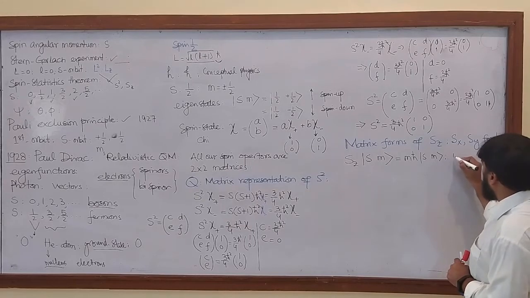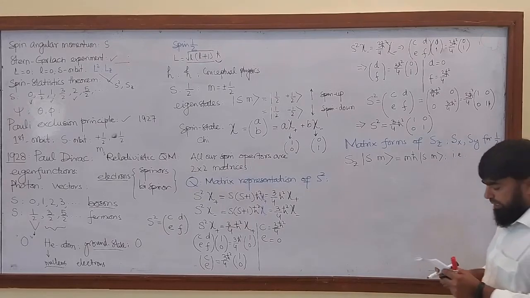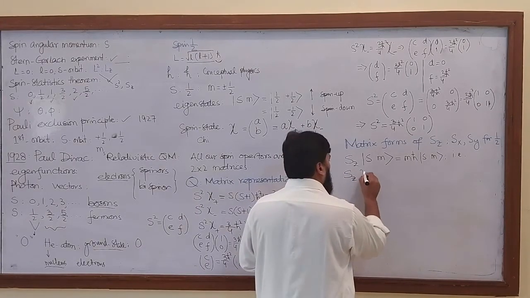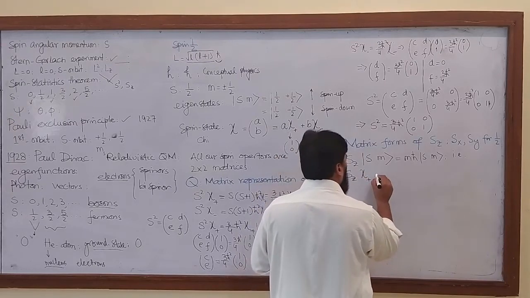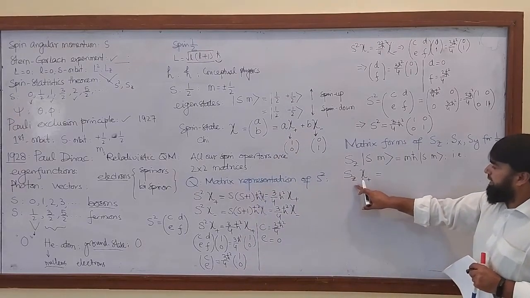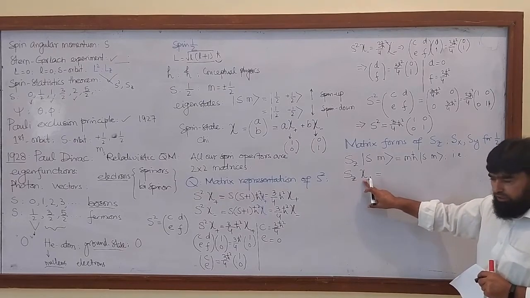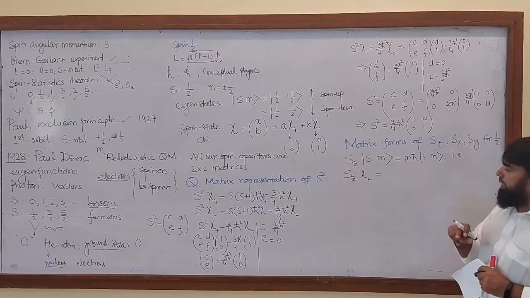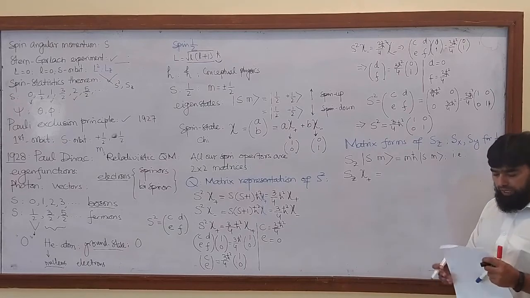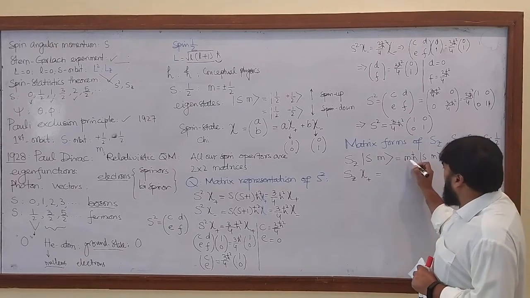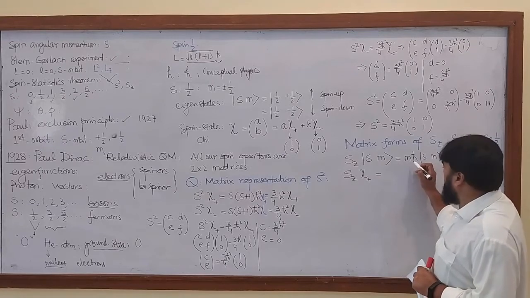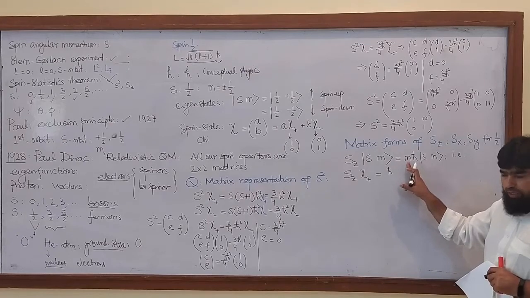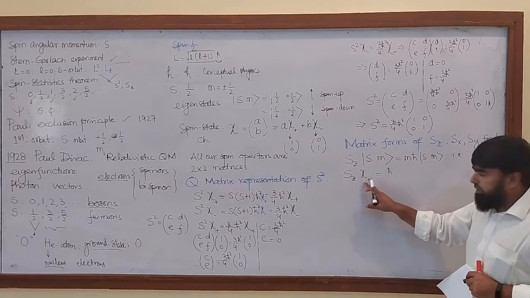So this means that when SZ operates on chi plus, which is an eigenstate, a spin-half state, what value will it give? It will give M h bar. What is the value of M associated with chi plus? Half.